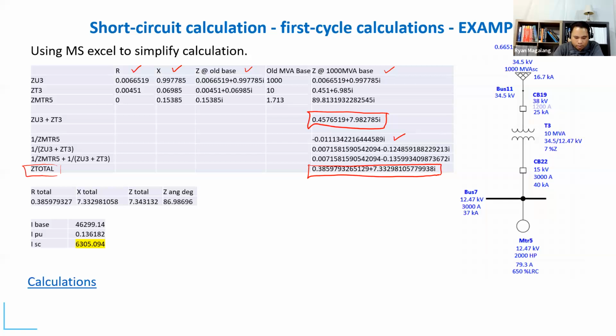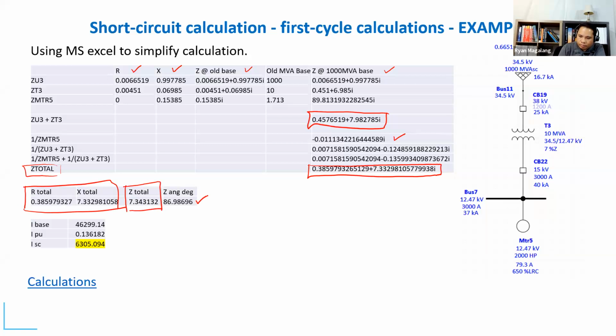This is the total Thevenin impedance. I have an R and X here, and my Z total is this 7.34, and I can also get my angle based on that, 86.98 degrees.